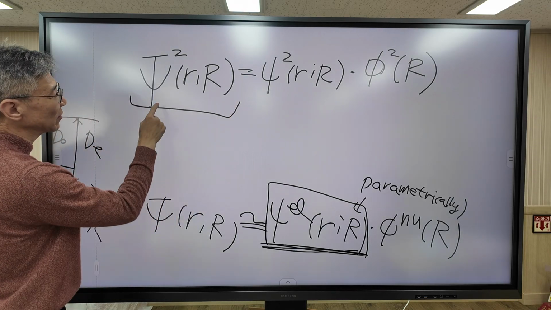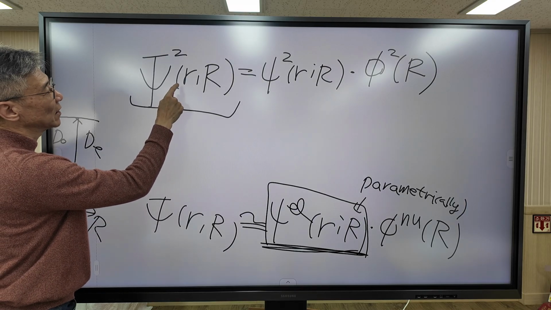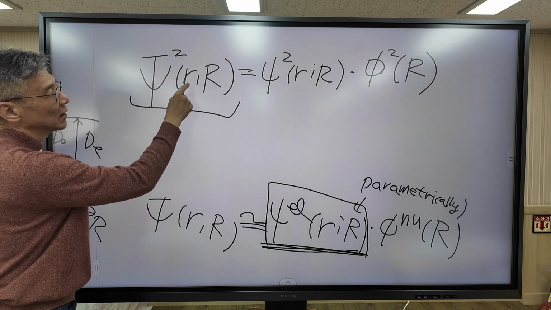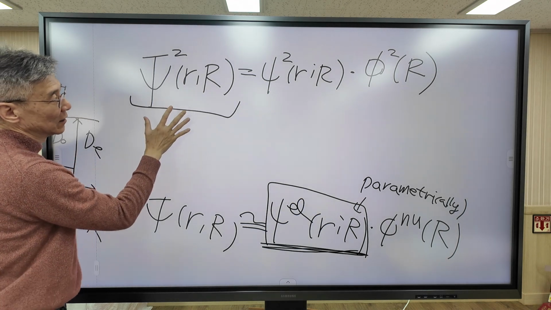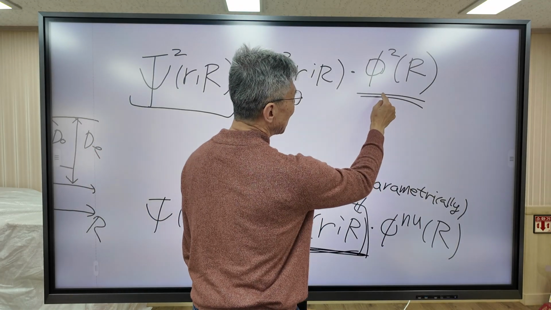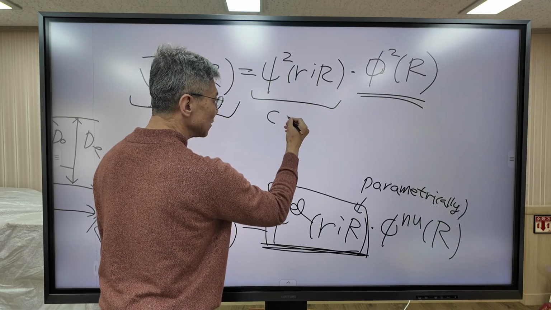This is the probability of finding the electron at position small r and the nuclei at large R. Now, this is the probability that the nuclei are found at large R. Now, this one is a conditional probability.